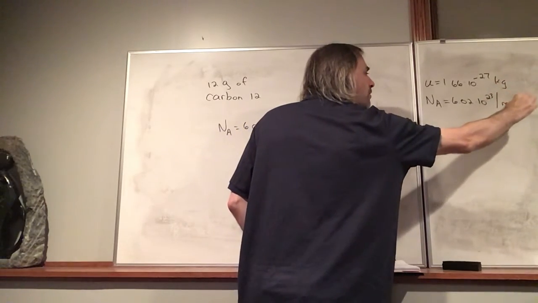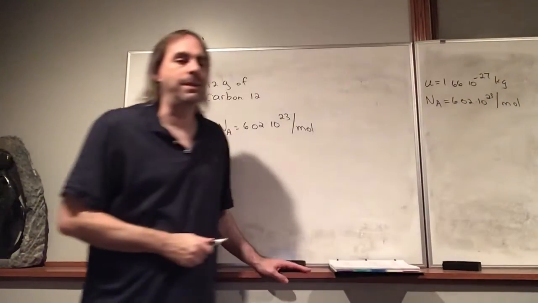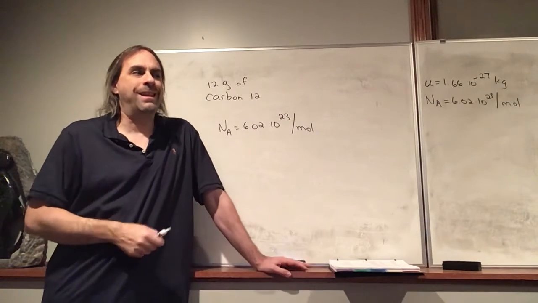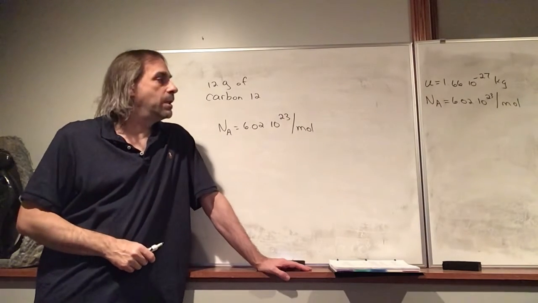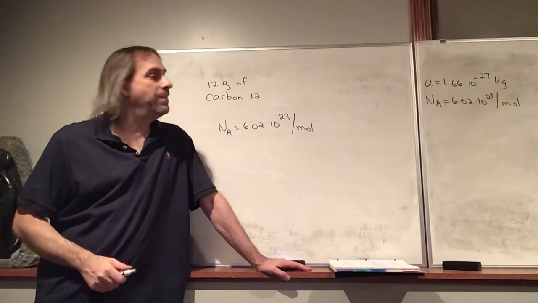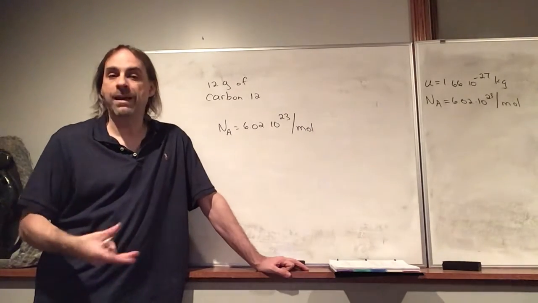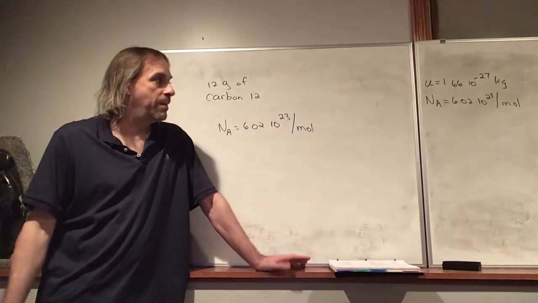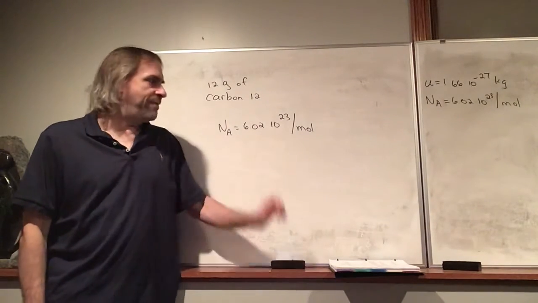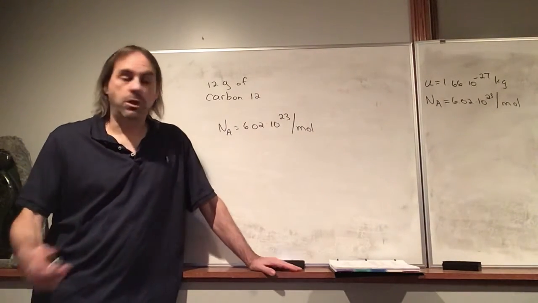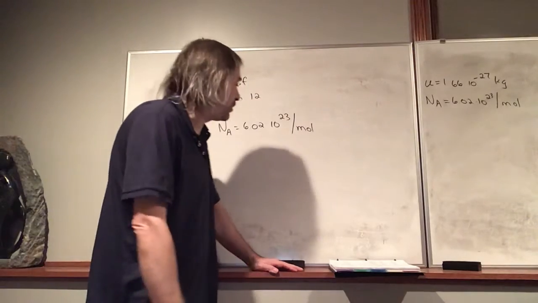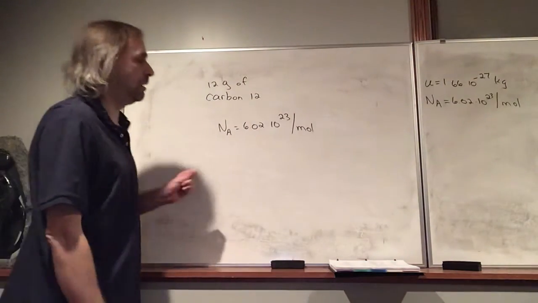So remember, 12 grams is not very much. I think a nickel is 5 grams. So if you had a little more than 2 nickels, that amount of carbon, you'd have this many atoms. So this is an enormous number.